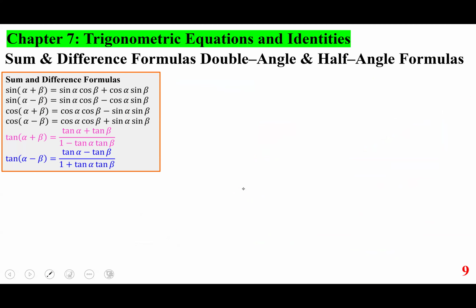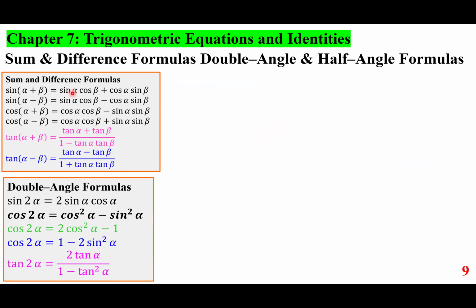Various formulas, sum and differences. For example, sine of alpha plus beta is sine alpha cosine beta plus cosine alpha sine beta, the rest. With that, we can get the double angle. Sine of 2 alpha becomes 2 sine alpha cosine alpha. And from here, we can find sine squared and then alpha over 2.